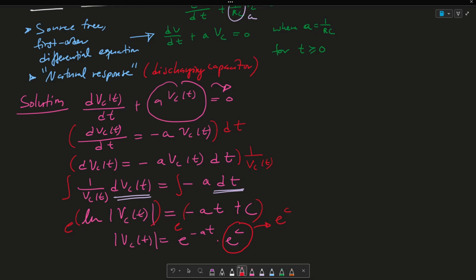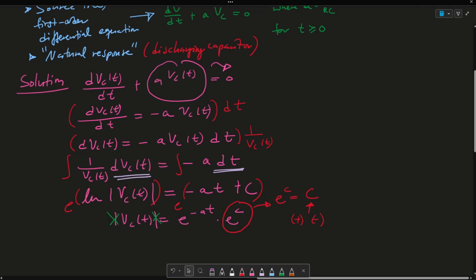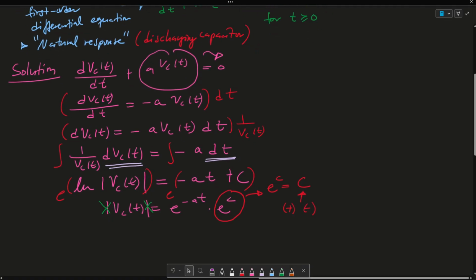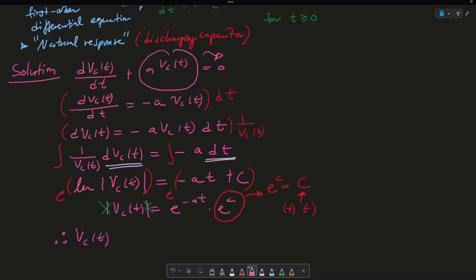So e to the C is just equal to C, and this value can be positive or negative. That's important because it allows us to get rid of the magnitude sign. So to conclude, VC(t) is essentially equal to C1 e to the minus At.